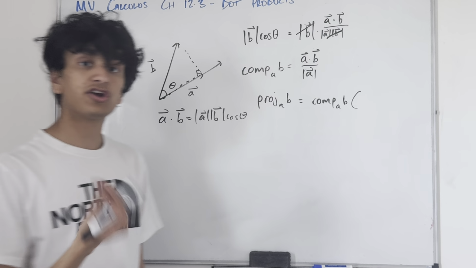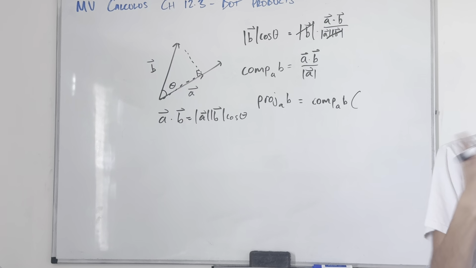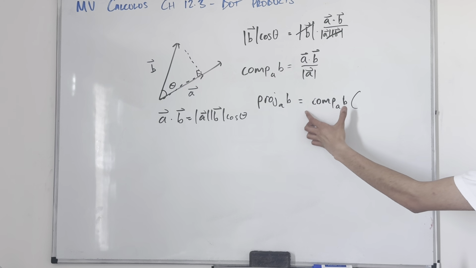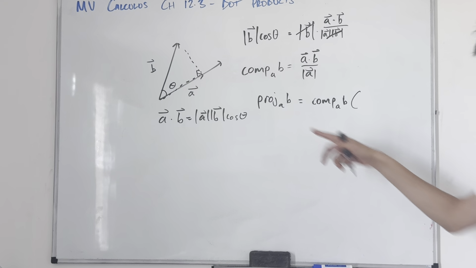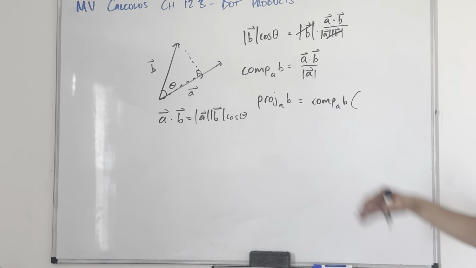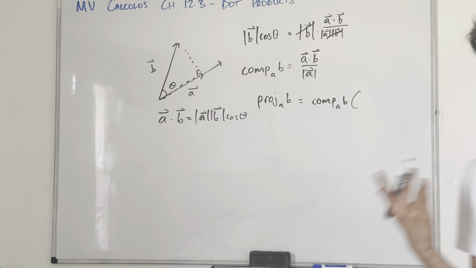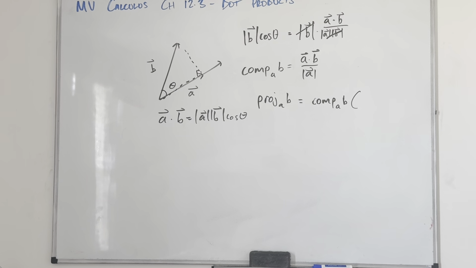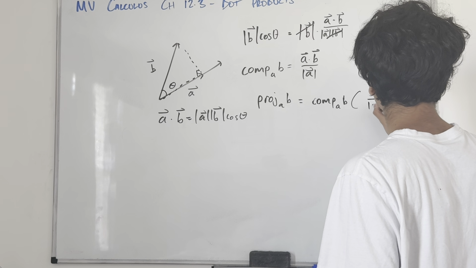So to find the direction of a vector, I take the unit vector, right? Because I don't want to change the magnitude of this projection. It's still going to be that component. So I would have to multiply by a unit vector. And to find the unit vector that's in the same direction as A, I just take the vector A and divide by its magnitude.